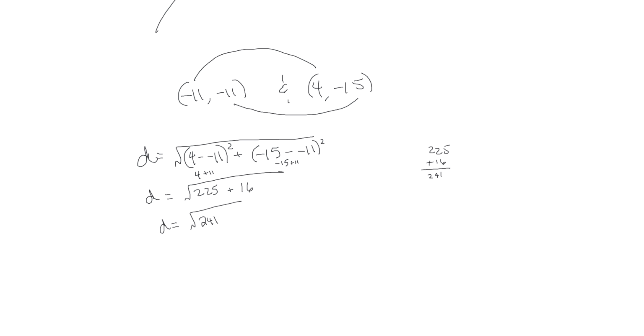Let's see. 15 times 15 is 225. 16 times 16 is 256. So it's not a perfect square.